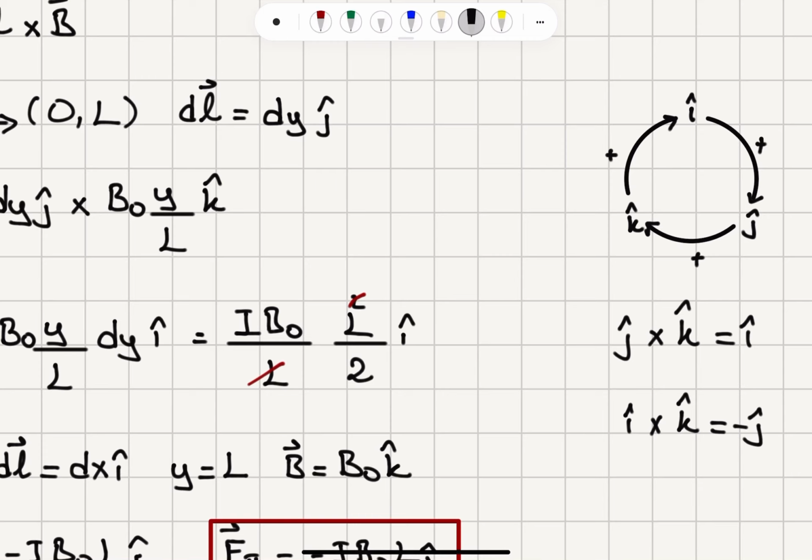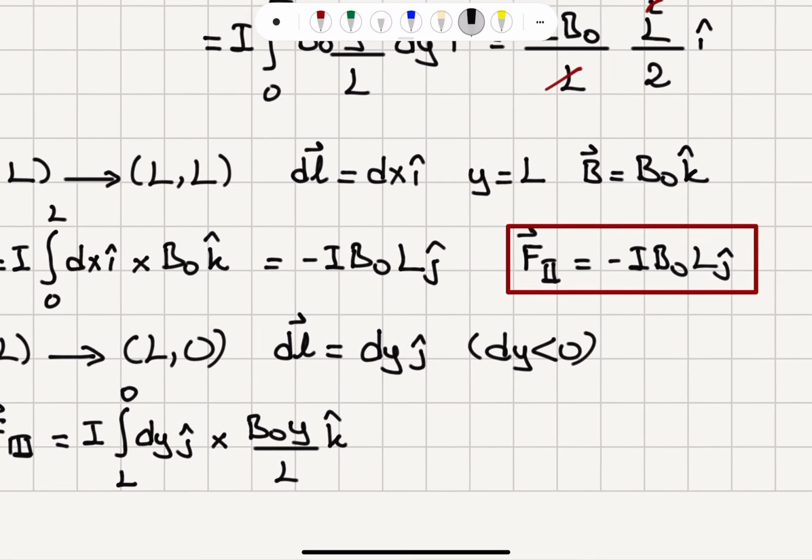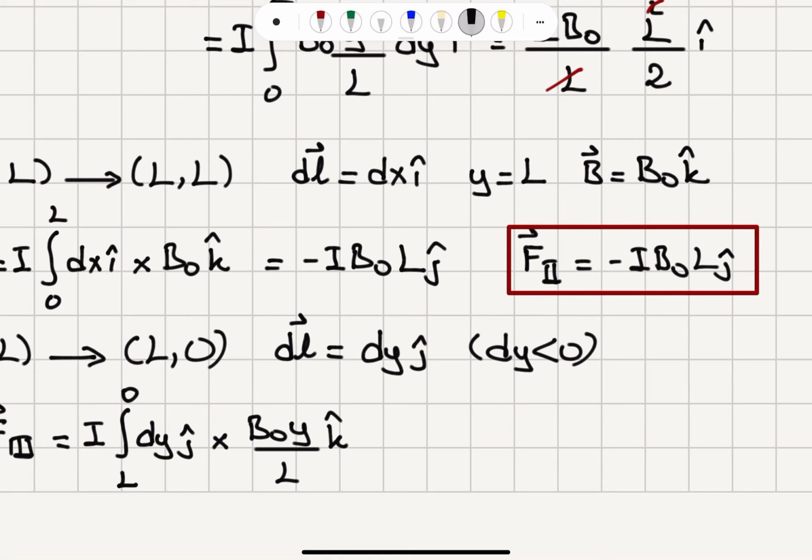This is going to be j hat cross k hat, which is i hat. So that will give me I B0 over L. The integral of y dy from L to 0 will give me L squared over 2 with a minus sign, because if I evaluate at L first and subtract the evaluation at 0, which is 0, it will give me a minus sign.